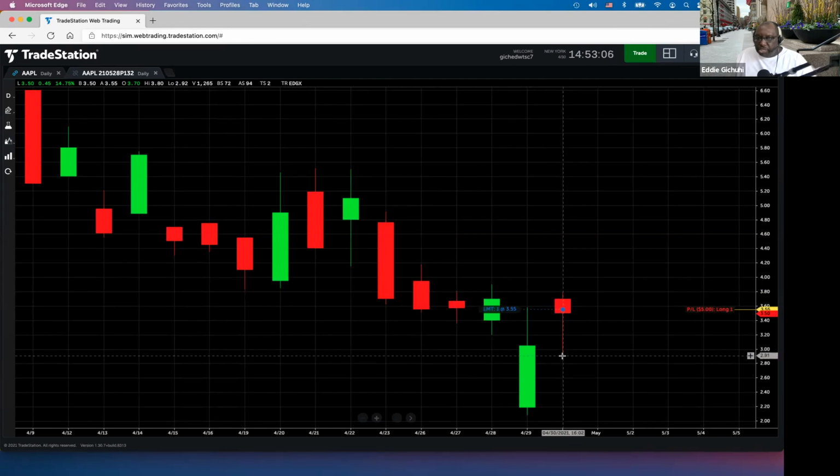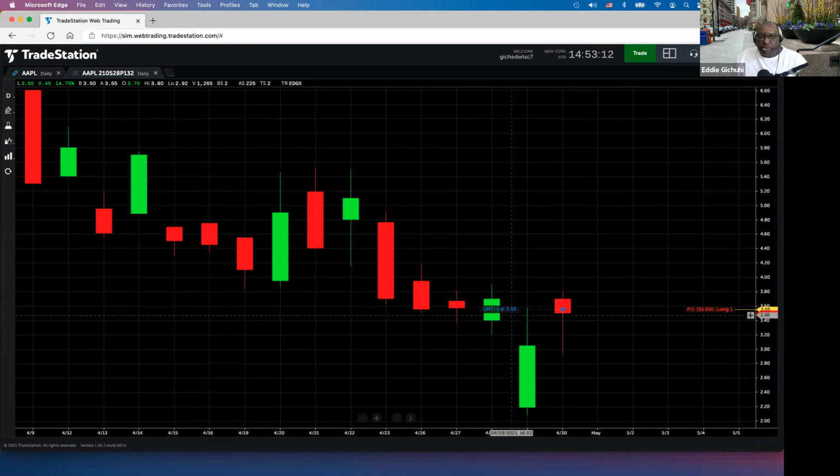I think I should set my pain point at 2.90, and maybe $3. I also see that I have the potential of getting up to $6.52 or even more, which it did on April the 9th. So this information is going to guide me for my stop.